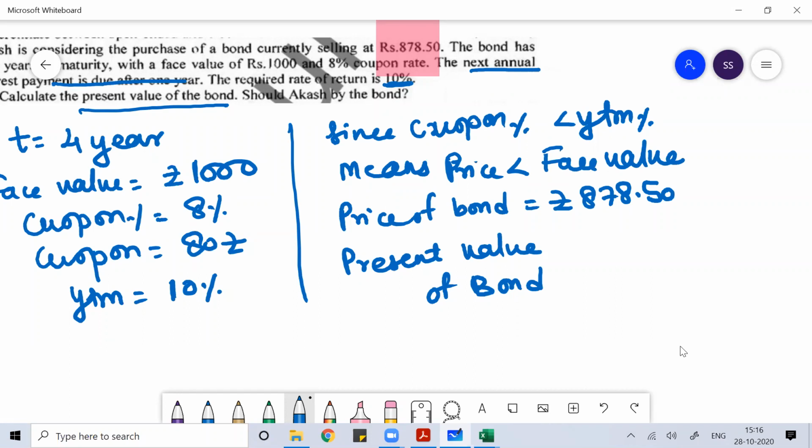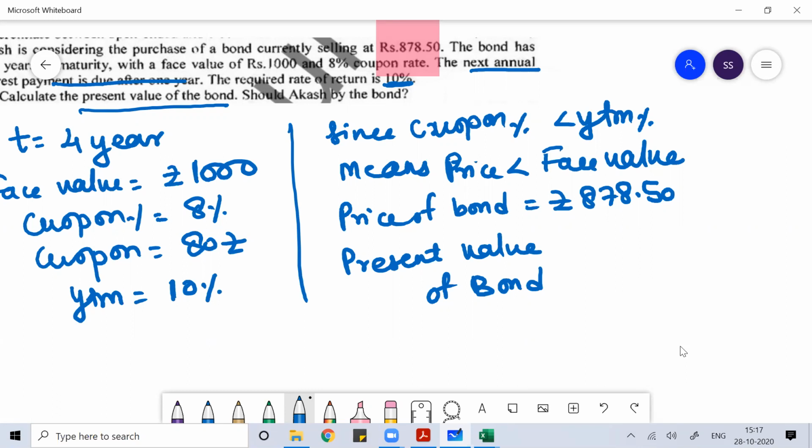It's all about demand and supply, marketing strategy, and news about the bond. If more and more people try to buy the bond, the price will automatically be more than the present value.